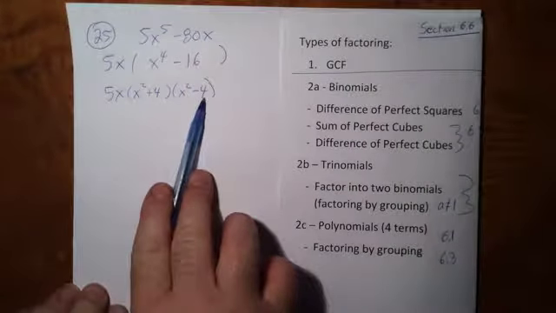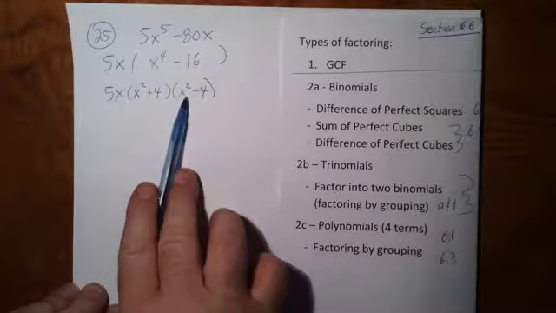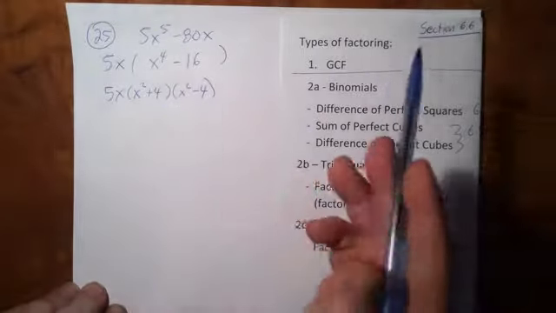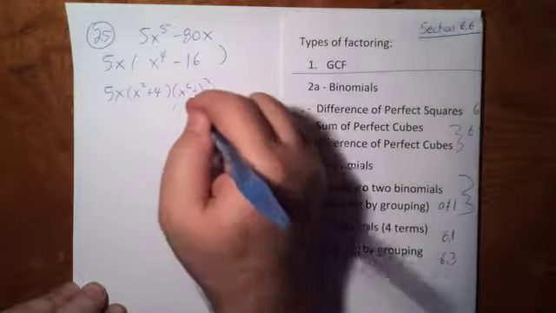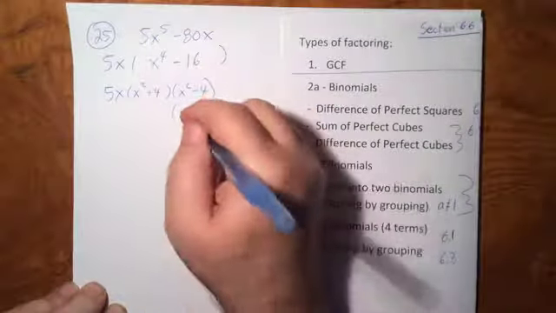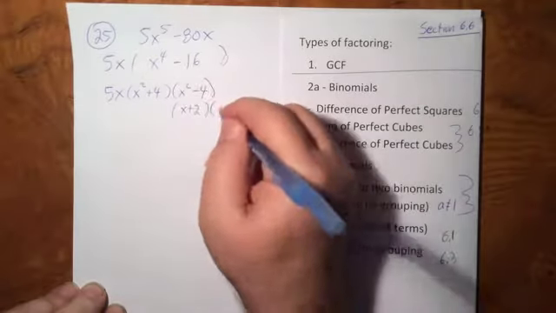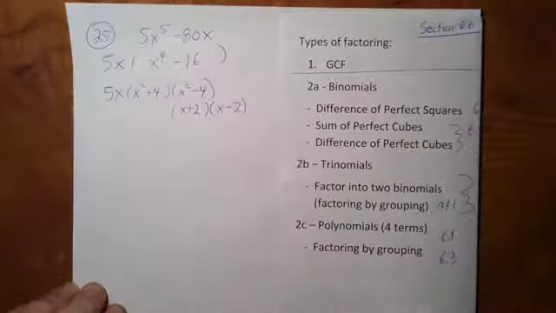Looking at this now, we have x squared minus 4. This is also the difference of perfect squares, so we need to factor this further into x plus 2 times x minus 2.